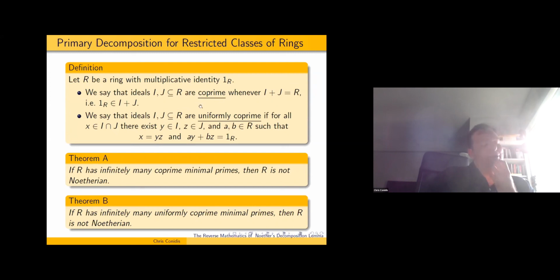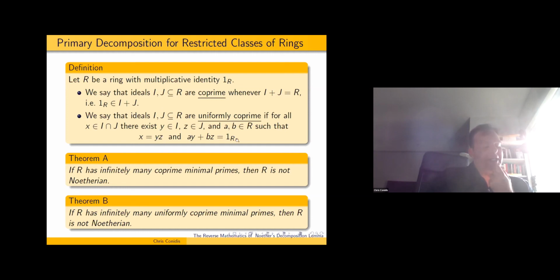I was assuming coprime ideals, and coprime ideals lead to these splittings. Earlier I was talking about these splittings, x equals y times z, a splitting of x. Remember that x is basically the parent node of the tree, and then y and z become the children.